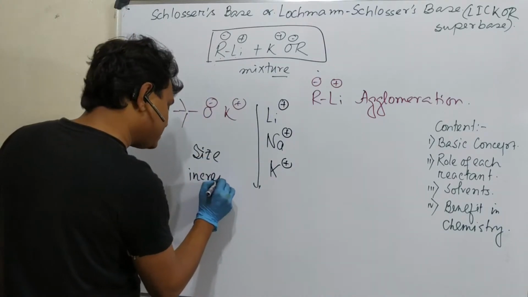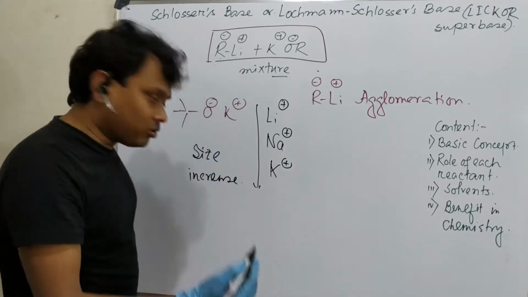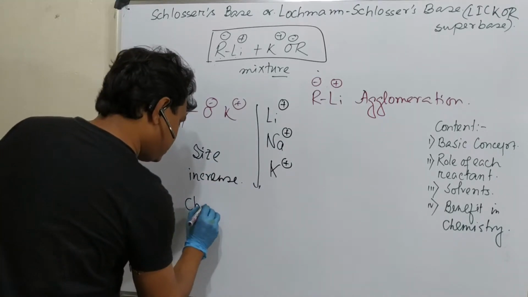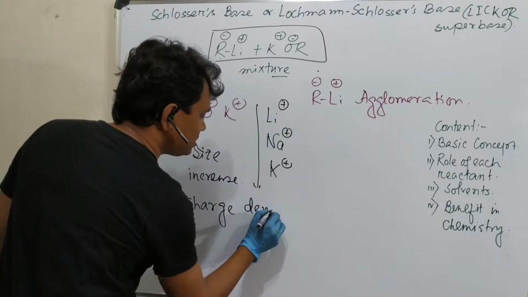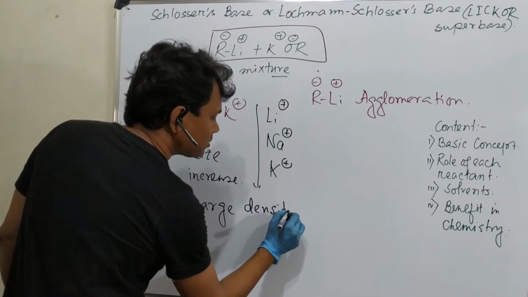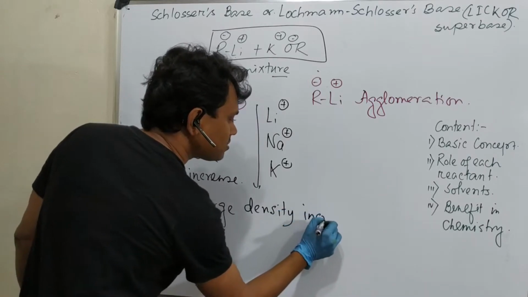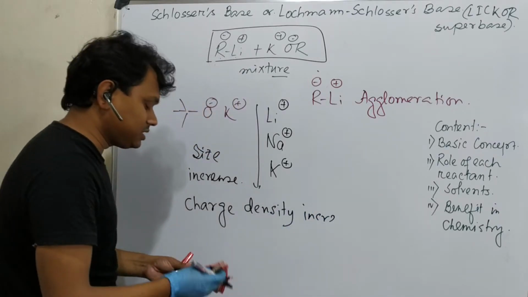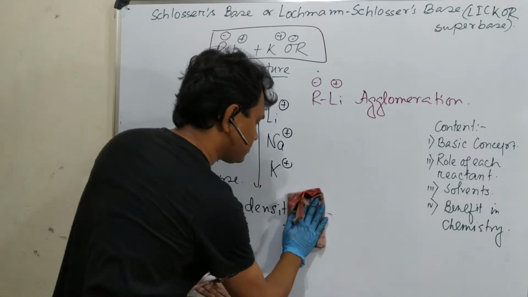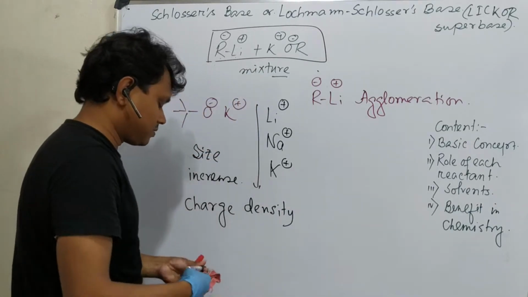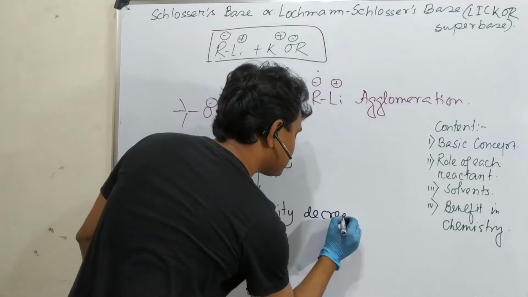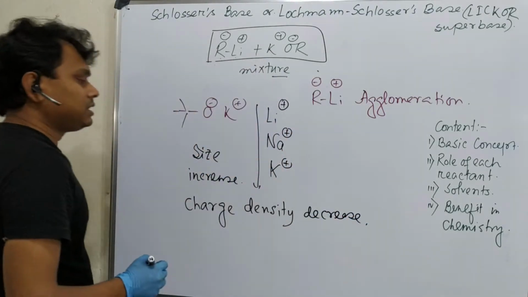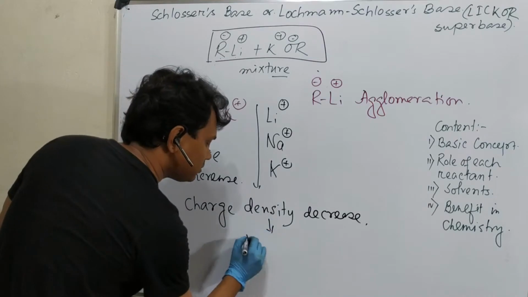Consequently, the charge density decreases. Sorry, the charge density decreases. Consequently, less polarizable.